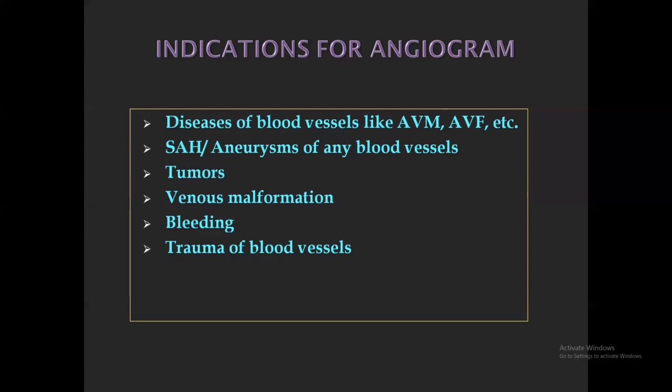Also venous malformations and bleeding, if a blood vessel ruptures, especially in GI bleed, splenic artery injury, or traumatic bleeds, especially in RTA. Most of the common bleeding areas are hepatic artery bleeds or splenic bleeds. Such bleeds can be found by angiograms.